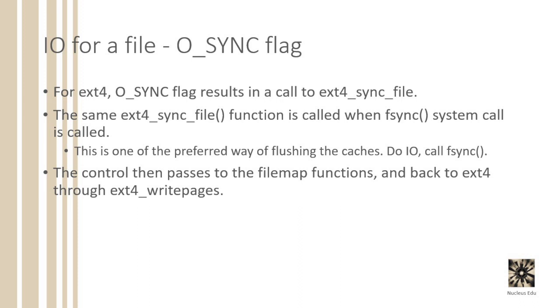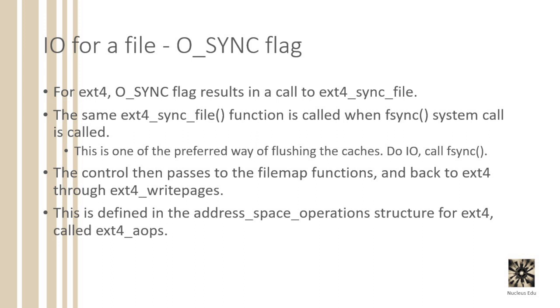Right, so once the IO passes from this ext4_sync_file function, we're getting back to our code path, the journey that IO is taking. From this ext4_sync_file function, the control then passes to the filemap function, and then it goes back to the ext4 subsystem through the function called ext4_writepages.